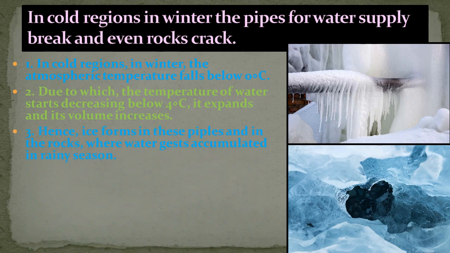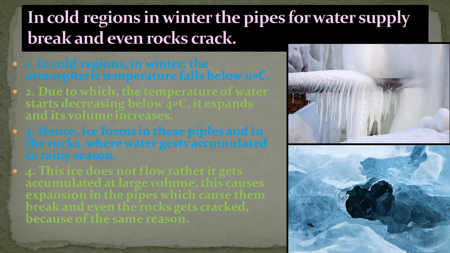Hence ice forms in these pipes and in the rocks where water gets accumulated in the rainy season, and this ice does not flow; rather it gets accumulated in large volume, and this causes expansion in the pipes which makes them break, and even the rocks get cracked for the same reason.